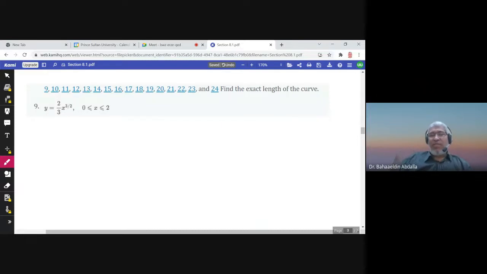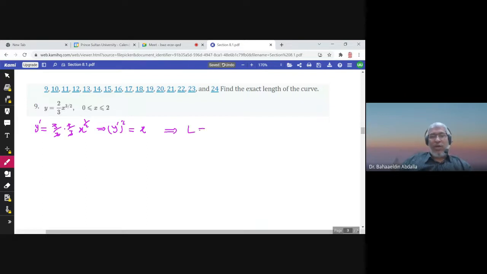Now here, find the exact length of the curve. Well, exact length of the curve means arc length, okay? So I need to find y prime. Well, y prime is 3 over 2 times 2 over 3 x to the power 3 over 2 minus 1, which is half. Now y prime squared would be, these cancel, will give you 1 times x to the power half to the power 2, this would be x.